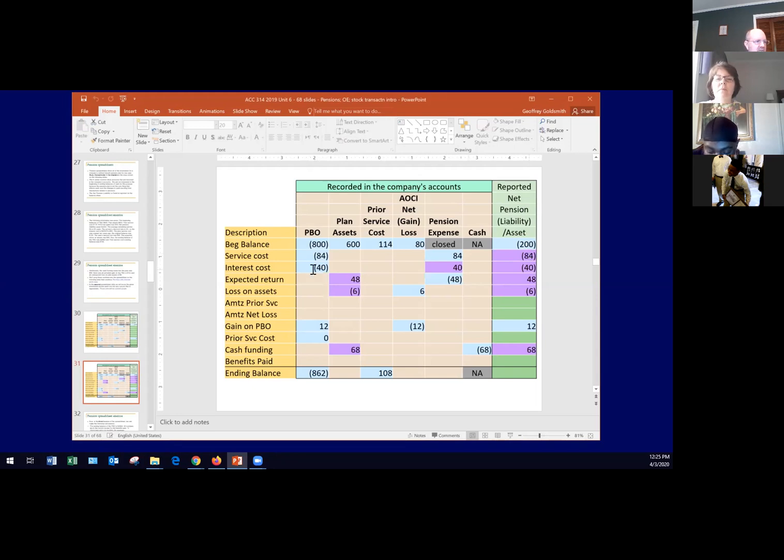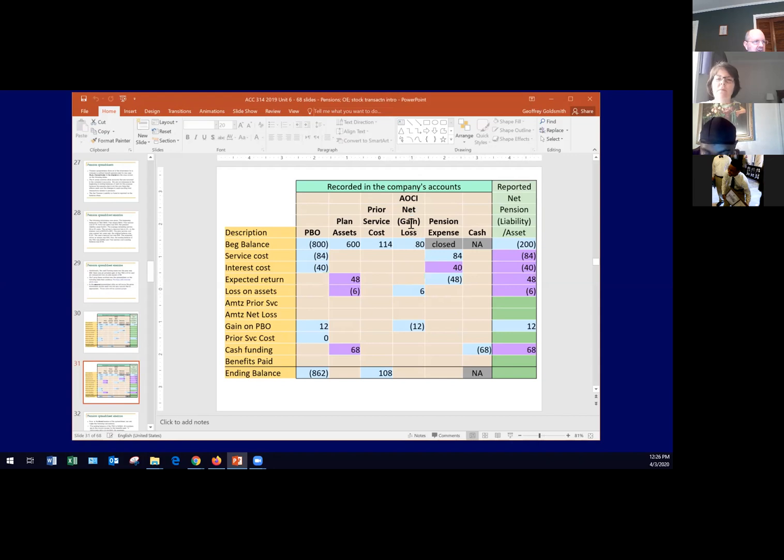If interest cost was 40 million, their pension expense would increase by 40 million, and their liability increases by 40 million. If the expected return on the plan assets decreased pension expense by 48 million, then it would increase plan assets by 48 million and decrease their net liability by 48 million.